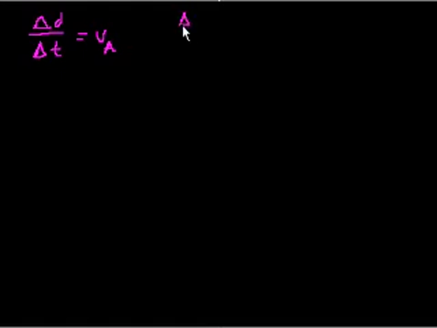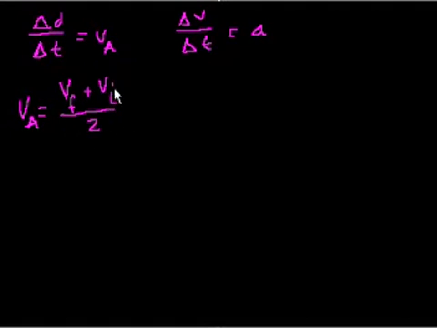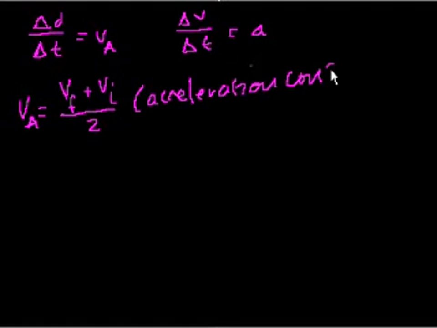We know that the change in velocity divided by the change in time is equal to acceleration. We know the average velocity is equal to the final velocity plus the initial velocity over 2. And this assumes acceleration is constant.